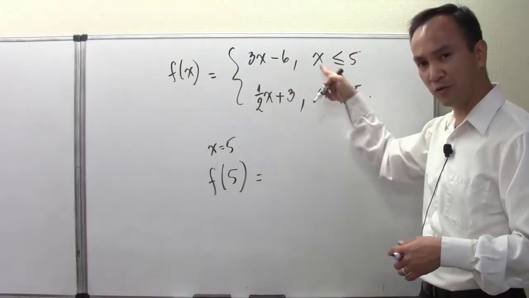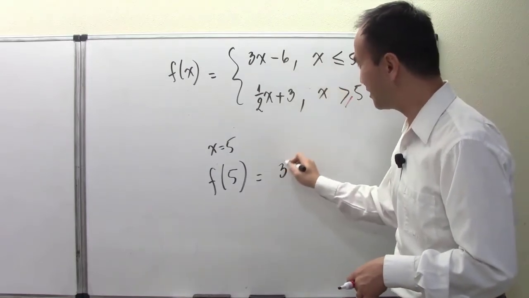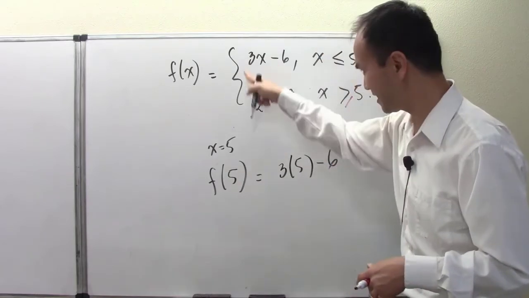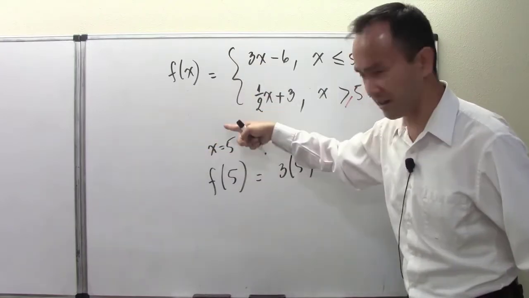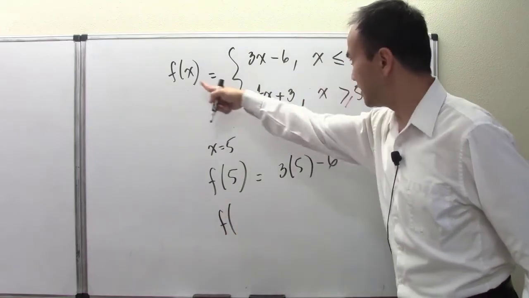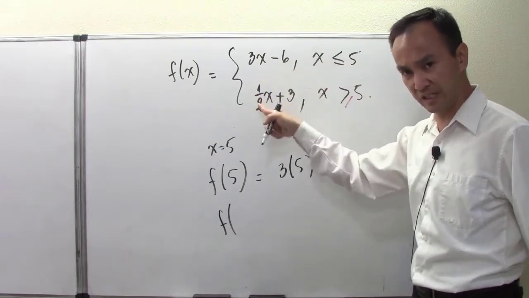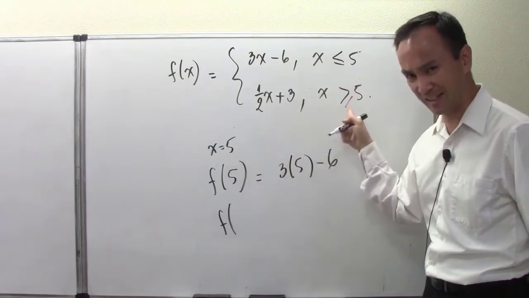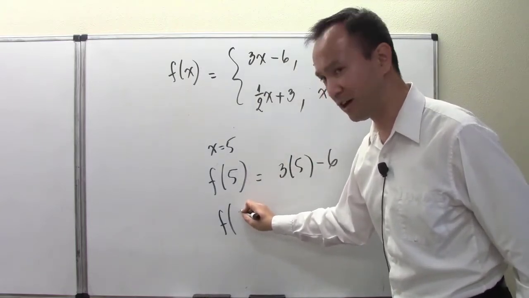Because if both of these requirements include 5, then f of 5 equals 3 times 5 minus 6. At the same time, this symbol logically reads "and", but we switch. So this function equals that if this requirement is satisfied, and can equal this if that requirement is satisfied. But if the two requirements overlap like in this case, then when x equals 5, we have a battle, an arm wrestling situation.